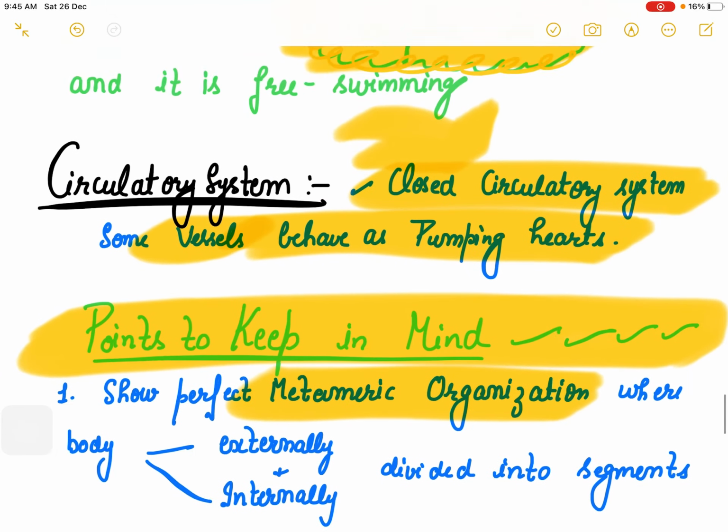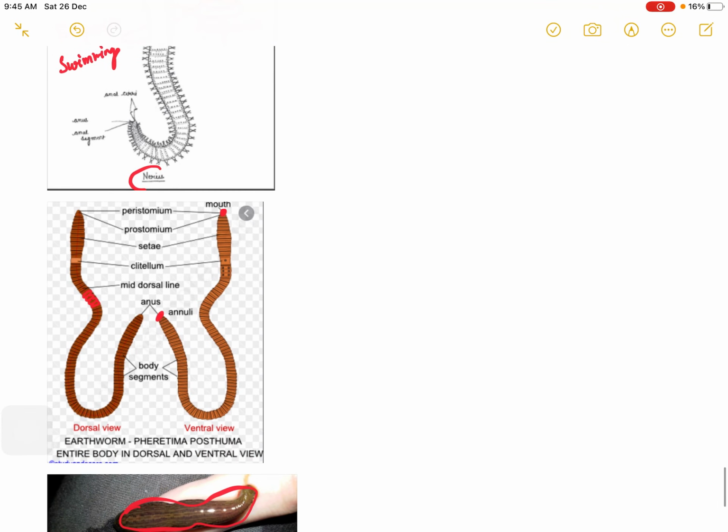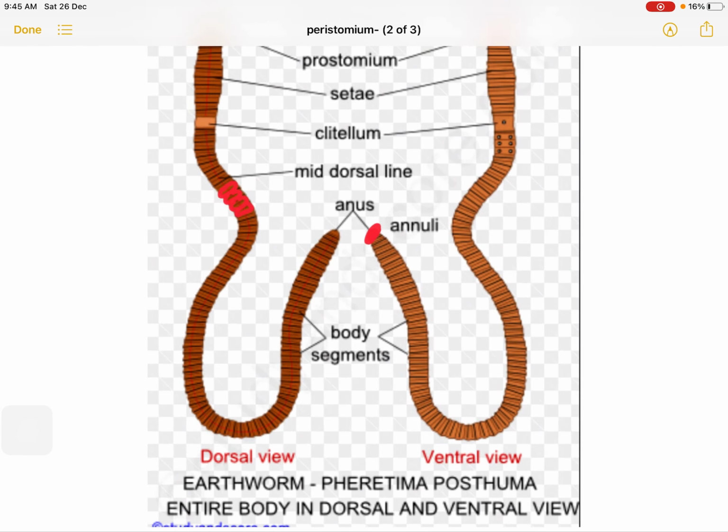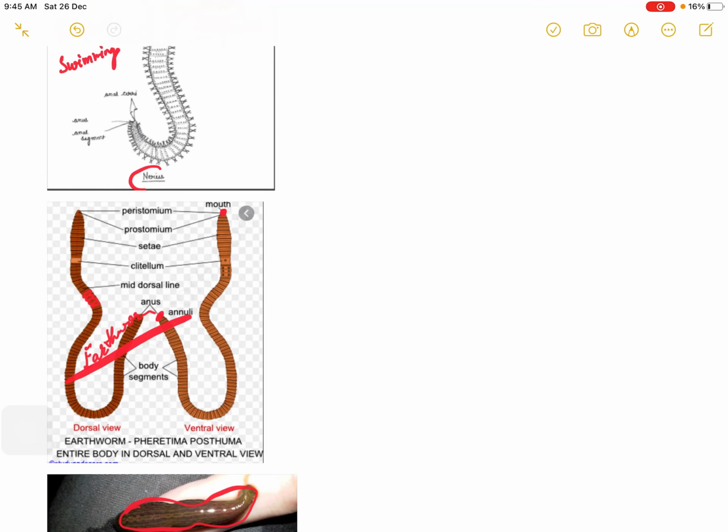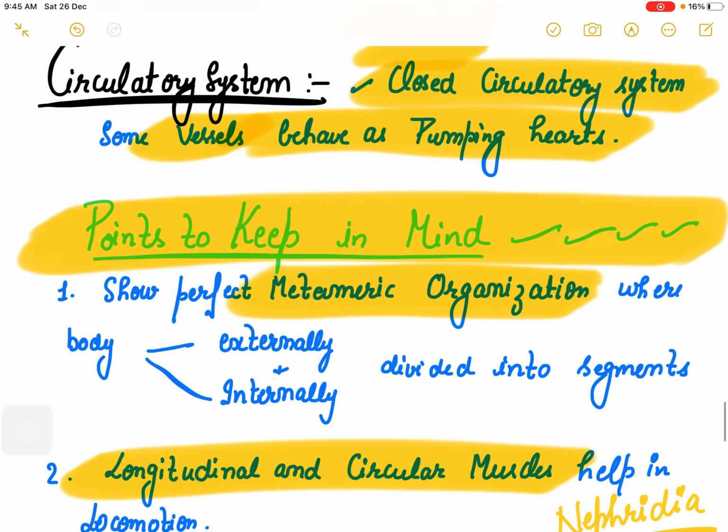So these are three examples of Annelida, and try to draw the diagram of earthworm, because through this you will be able to keep one example in mind when you are reading phylum Annelida, right?